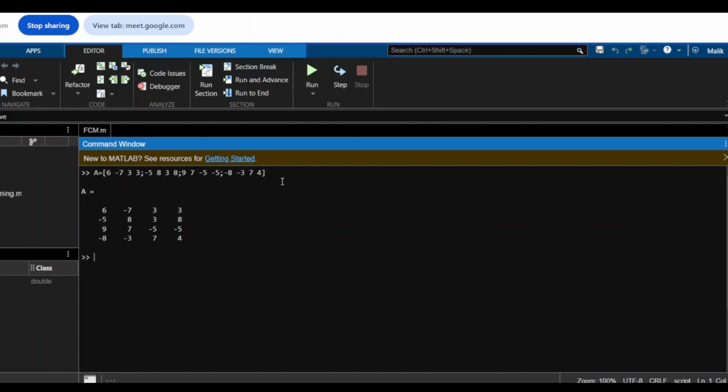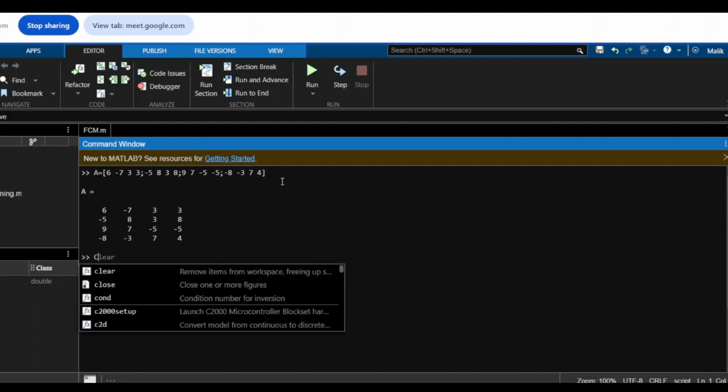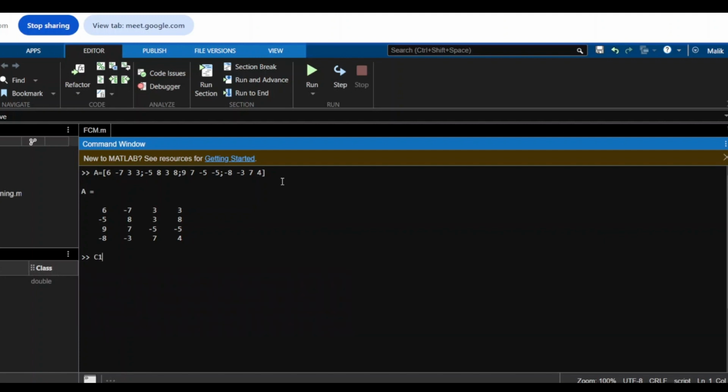So what is our first step? We will first take the first column of A, right? So the first column will be C1.